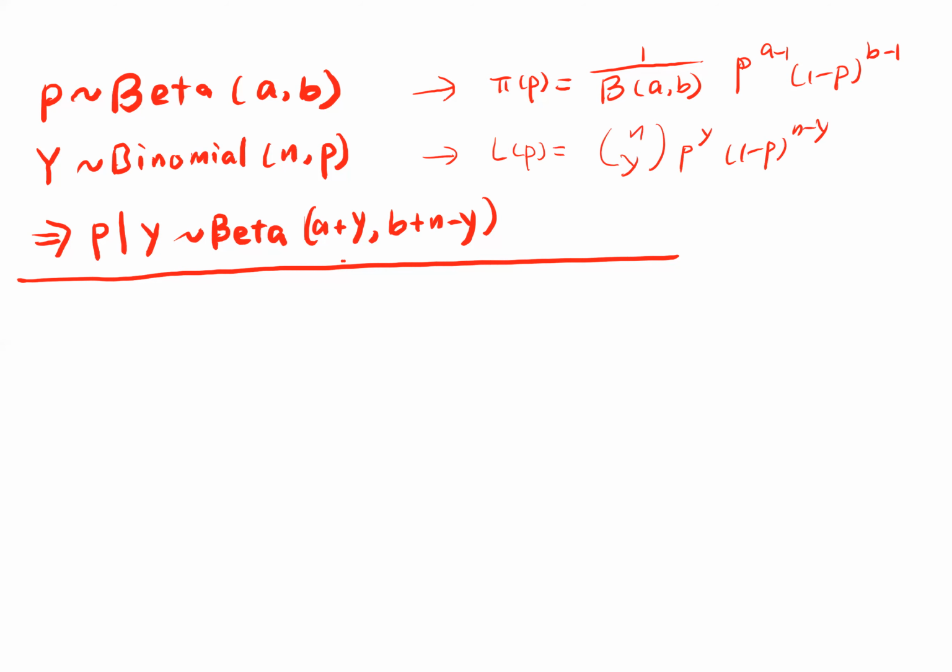So now we keep every constant. We never throw things into the proportional sign. And the goal is to show that indeed we're going to come to a posterior distribution, which is the beta, and it's this particular beta. So you're trying to prove or show what this is.